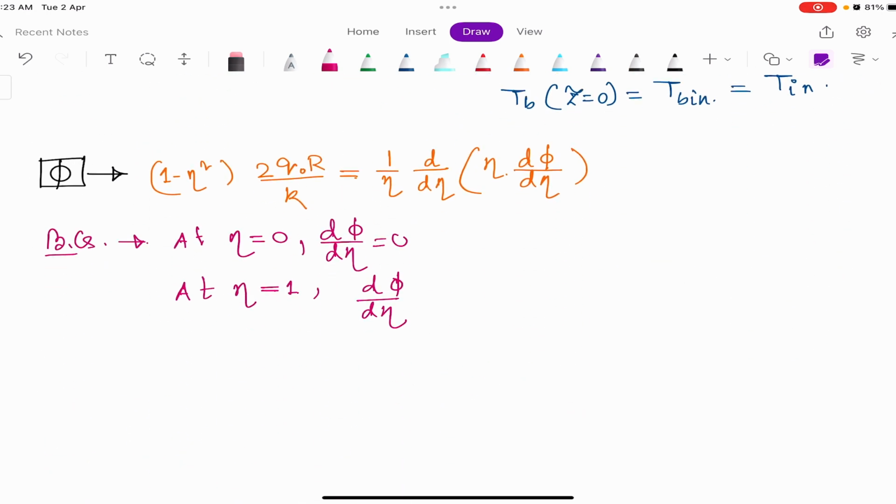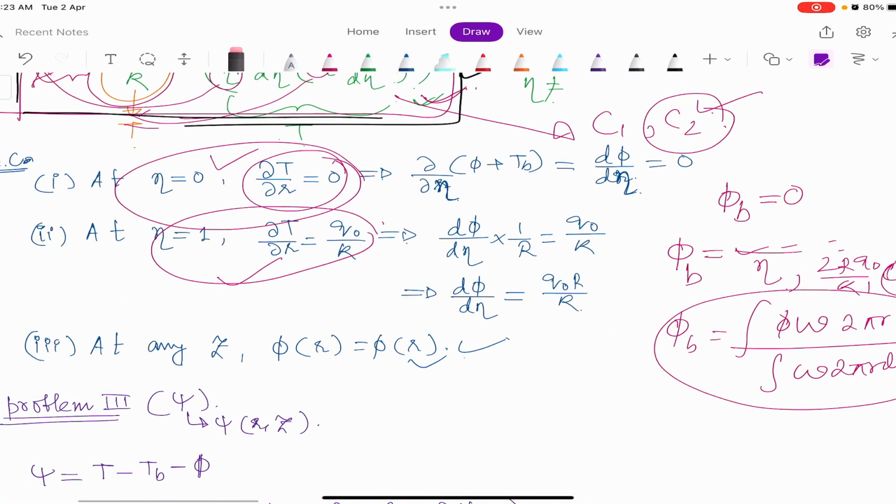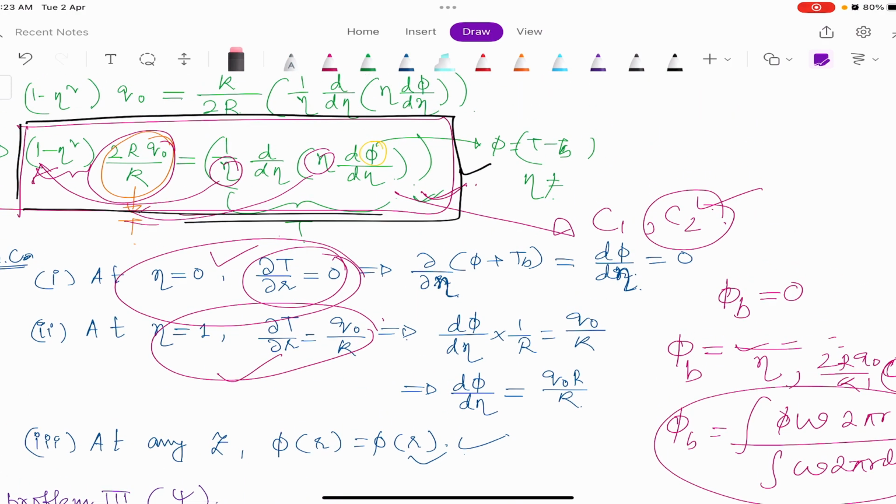We can always derive this. How? That is dT dr, this we know, is equal to minus q naught by k at the wall. So d phi d eta into 1 by r is equal to minus q naught by k, so this becomes minus q naught r by k. Am I right? Let me see it.